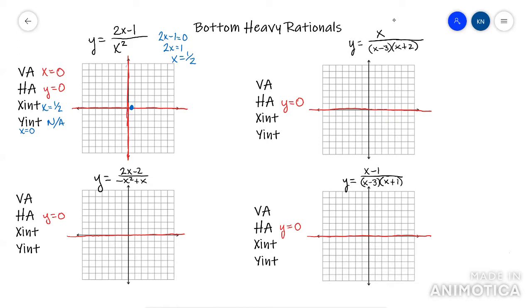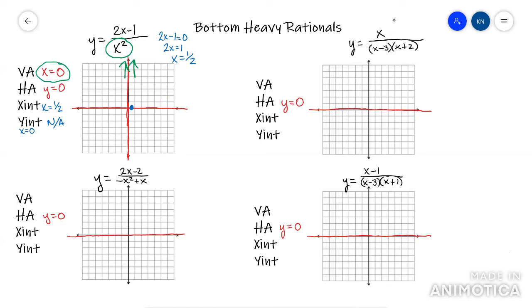Okay, this is basically all the information you get. However, there is one more vital piece of information. On this vertical asymptote, if you look at this right here, the degree is 2. What that means is this rational, the lines are going to be going the same way on the other side of the vertical asymptote.